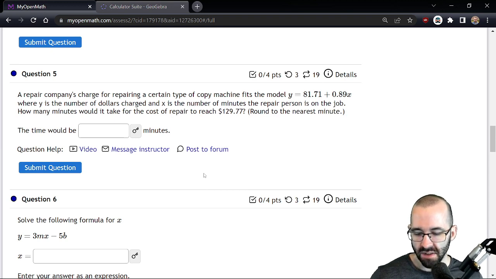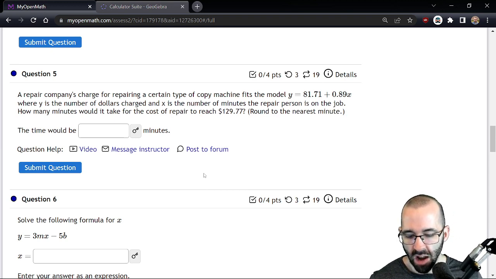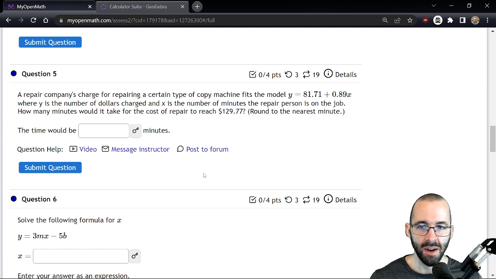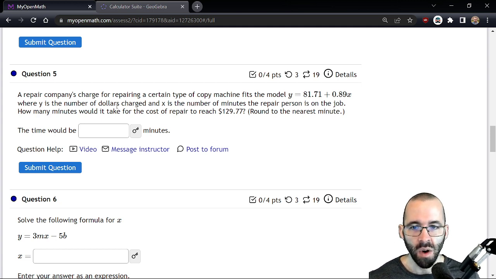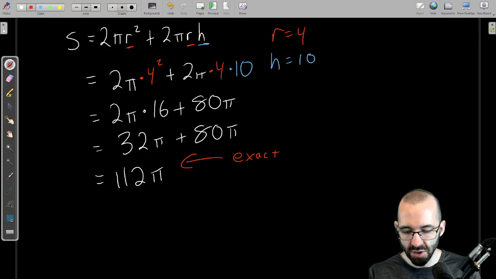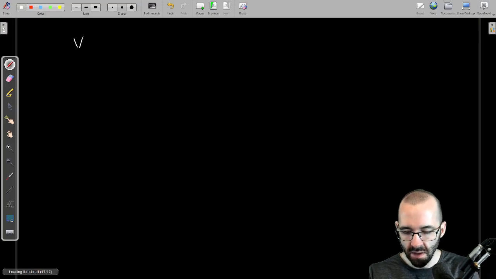Number 5. A repair company's charge for repairing a certain type of copy machine fits this model. Oh, a linear model. Where Y is the number of dollars charged and X is the minutes on the repair job. Let's write that down.